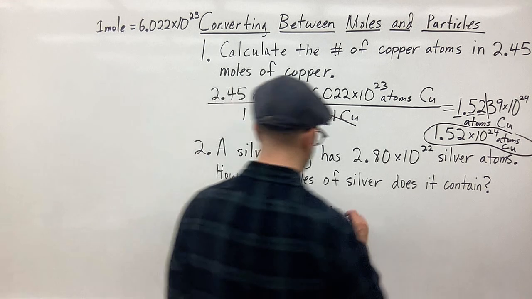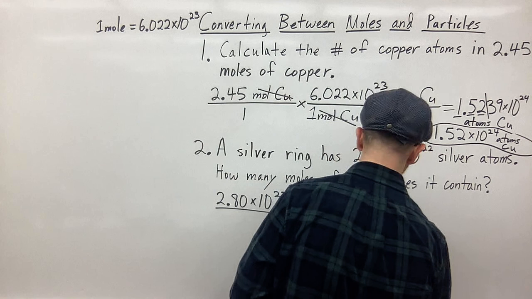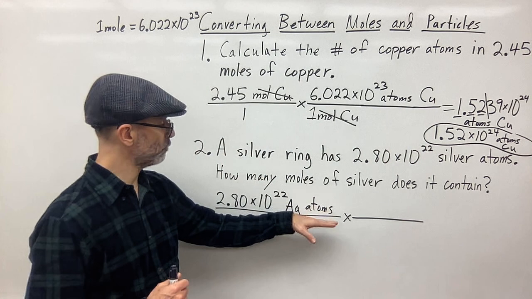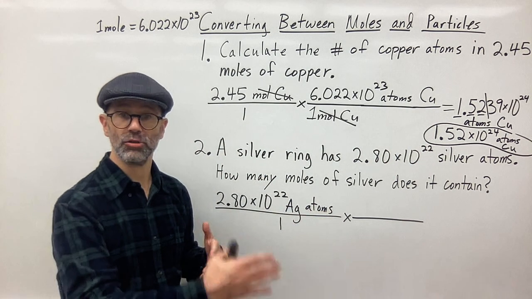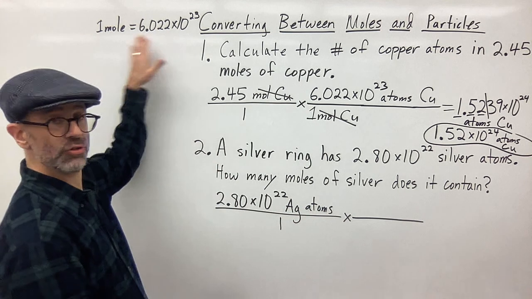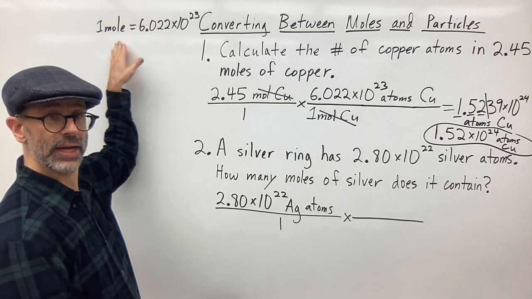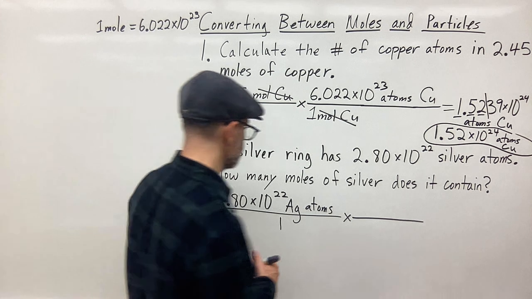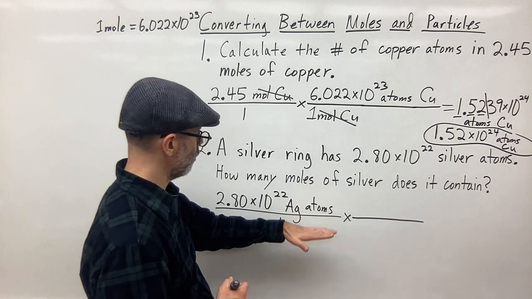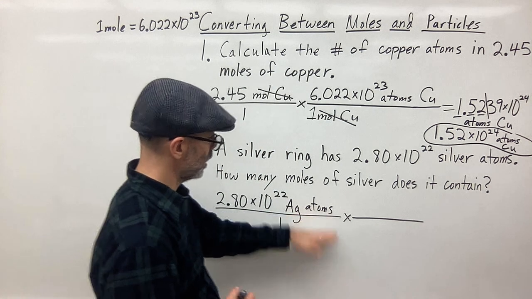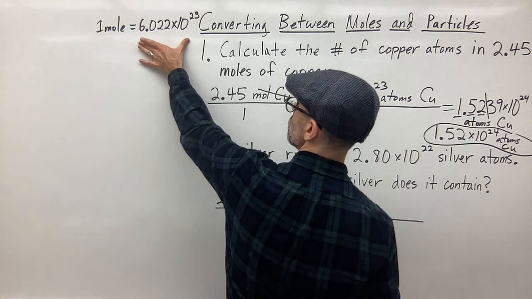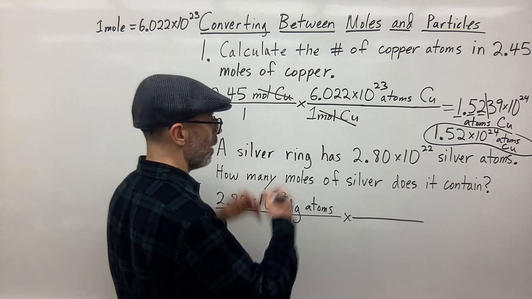Now we're going to multiply by a conversion factor. They want us to get to moles, so we're going from atoms to moles. We're going from particles to moles. So again, we're going to use our equation here. We're going to use this as a conversion factor, Avogadro's number. Since I have particles on top, atoms, I'm going to put particles on the bottom. So here I have 6.022 times 10 to the 23rd particles.